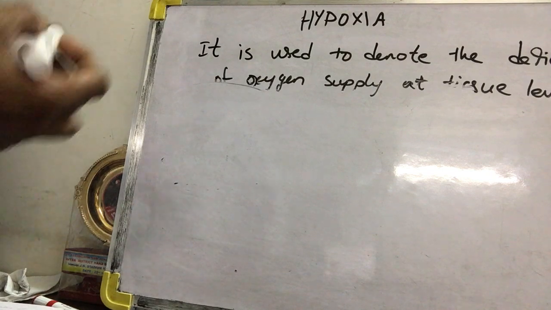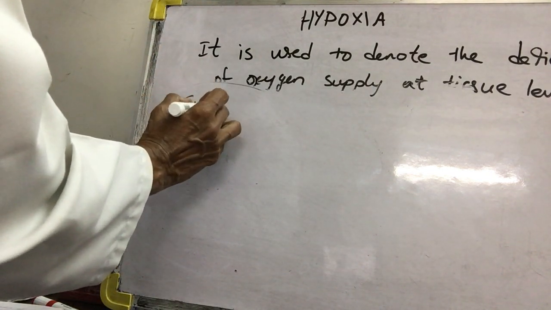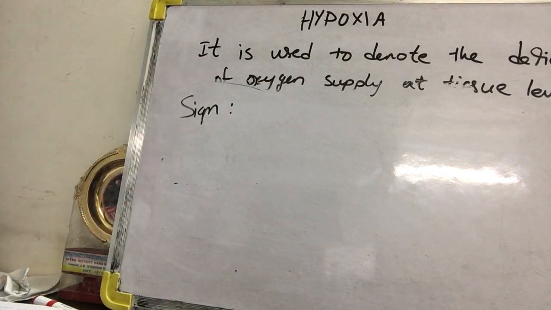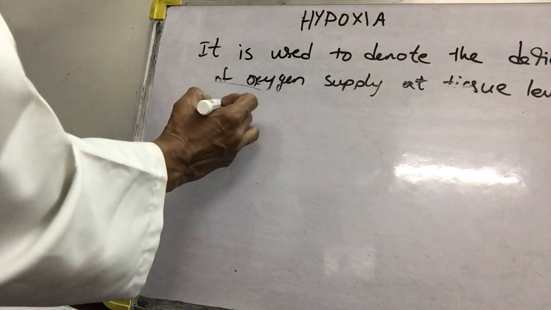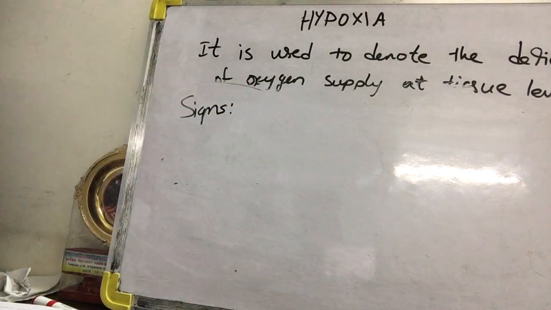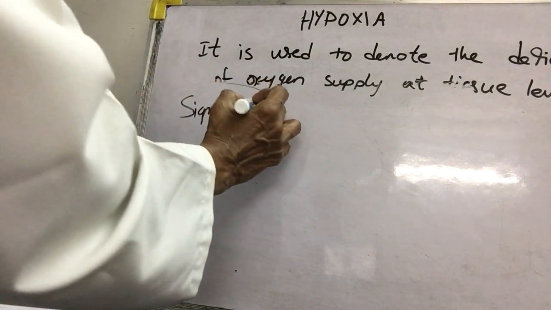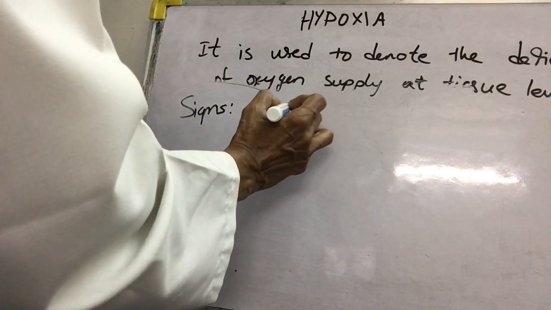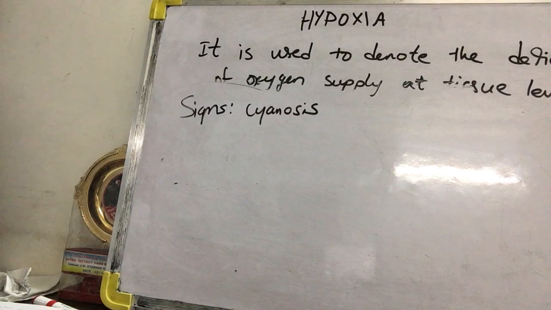Now coming to the signs of hypoxia. Symptoms are what the patient is experiencing or what the patient complains of, whereas signs are what we see in the patient. Cyanosis, which is blue discoloration of the skin and the mucous membrane.